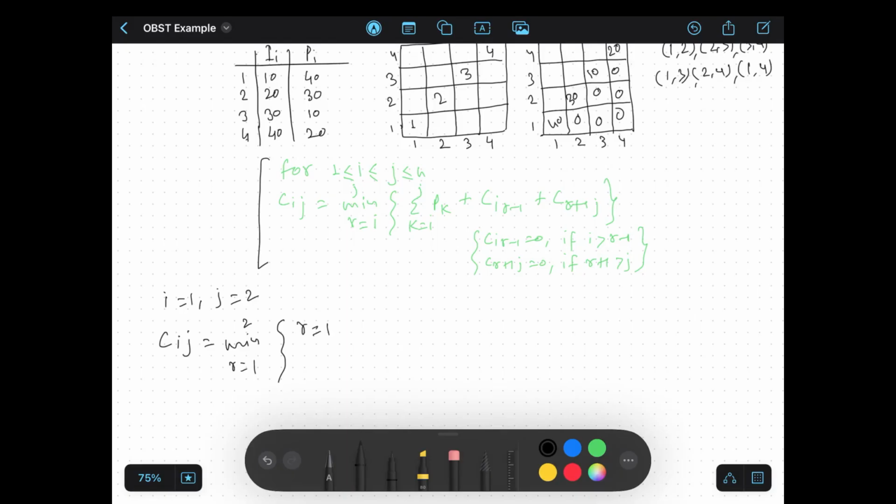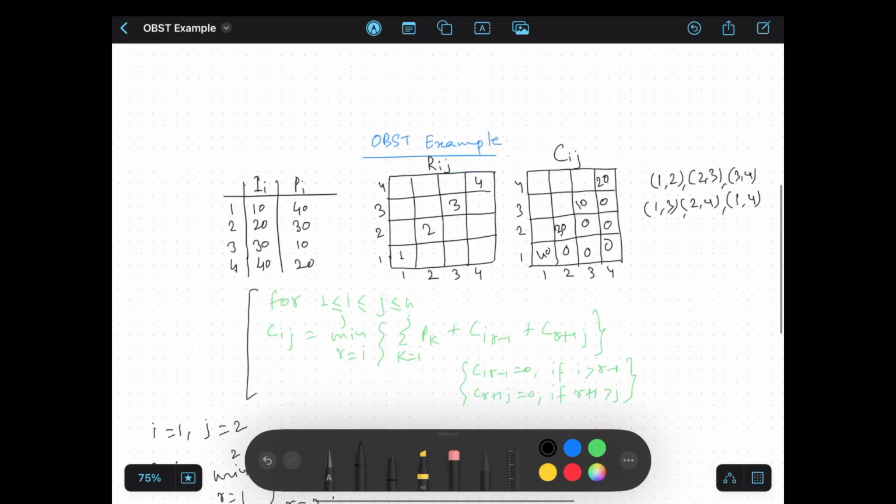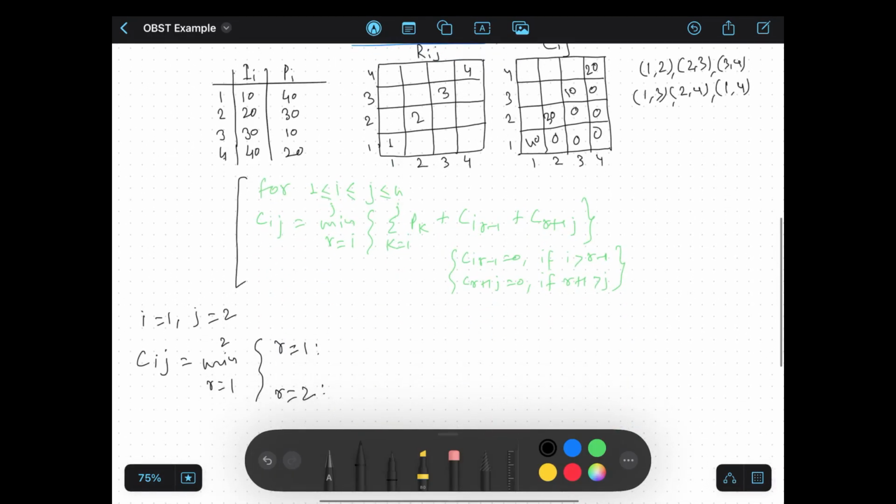So then r is going to be 1 and r is going to be 2. If we look at our recurrence, it says probability of going from i to j, and we are going to do the summation.